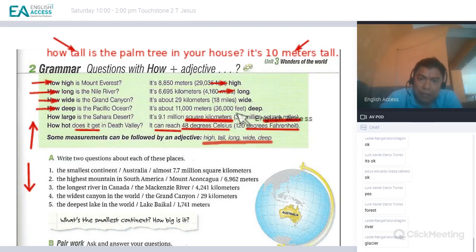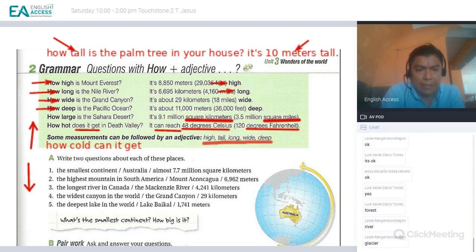So we don't need to say hot or large. Large or big, we use it with square kilometers or square meters, or square miles or square feet, depending on the measurement. And for hot or cold, we use degrees Celsius or degrees Fahrenheit. For example, how cold can it get in Acapulco?